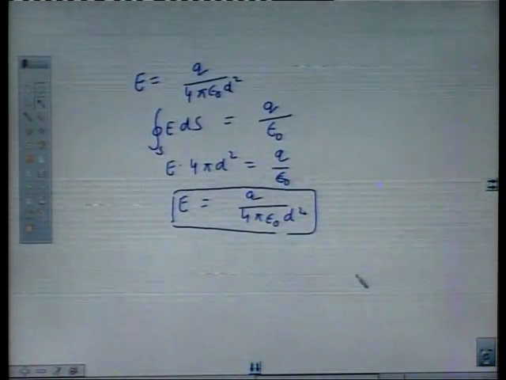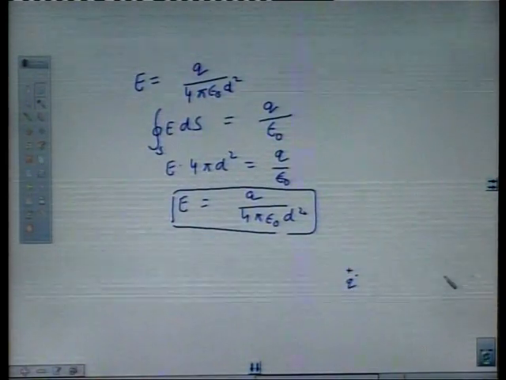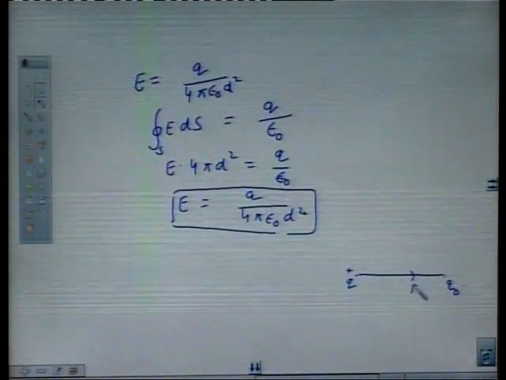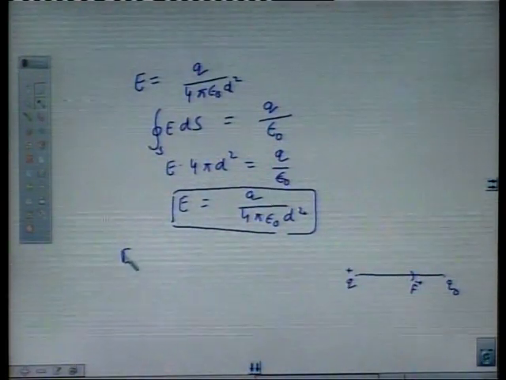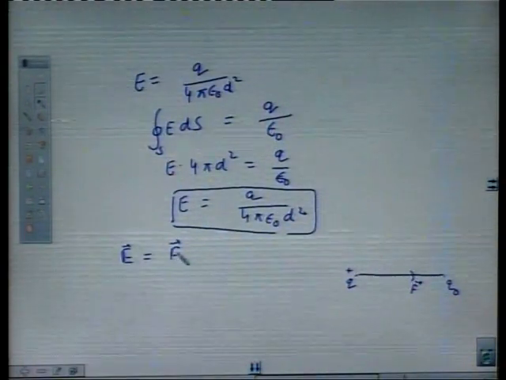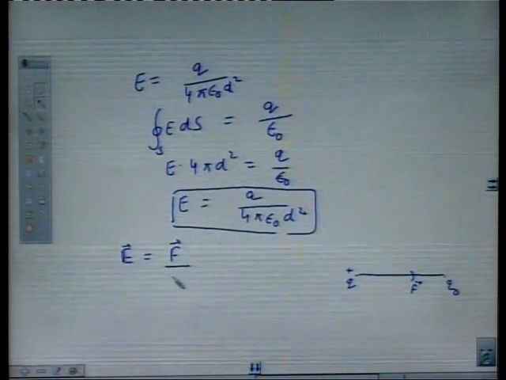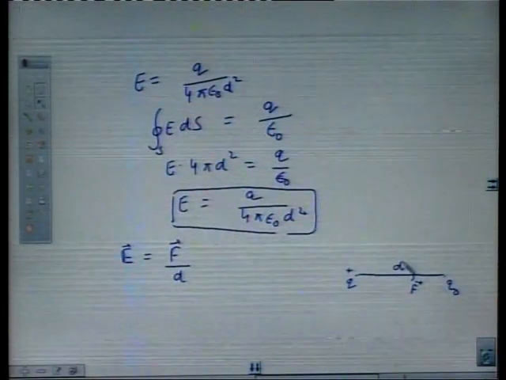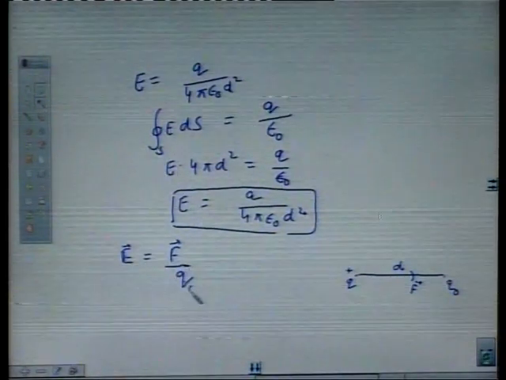Now as we know, we have a system of two charges. The first charge is q and the second charge is q naught, and we have to find the Coulomb's force F between these two charges. The distance between these two charges is d. We also know that electric field is equal to the force on the test charge q naught.